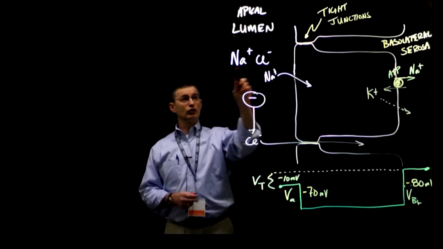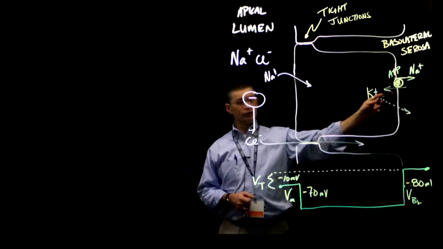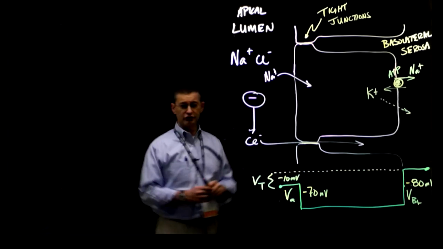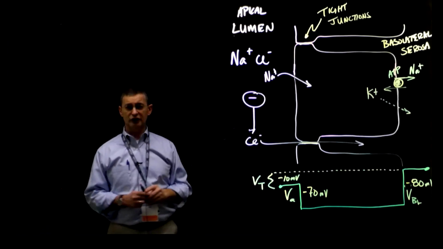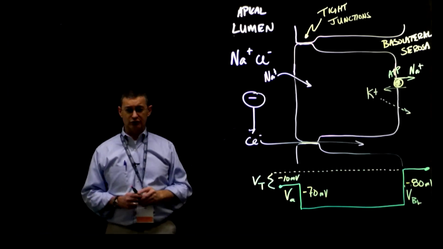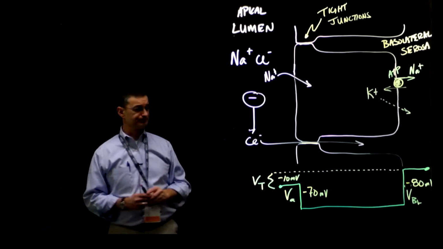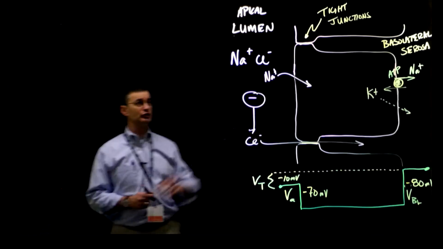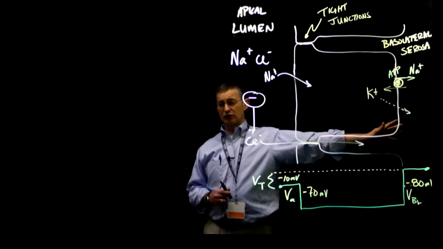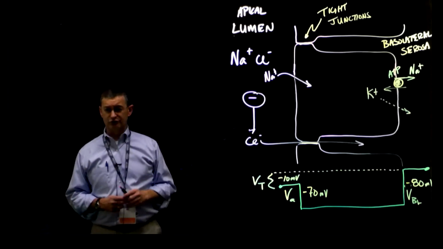So we've moved sodium and chloride simply by causing the sodium-potassium ATPase to change the concentrations and the voltage within the cell. Then we've developed a lumen potential difference across the monolayer that drives chloride in addition. The net result is movement of sodium and chloride from the lumen across the monolayer into the basolateral side of the system.